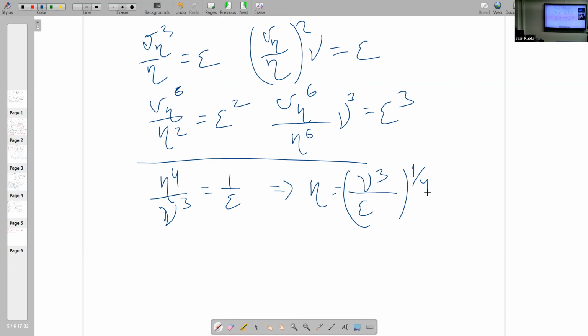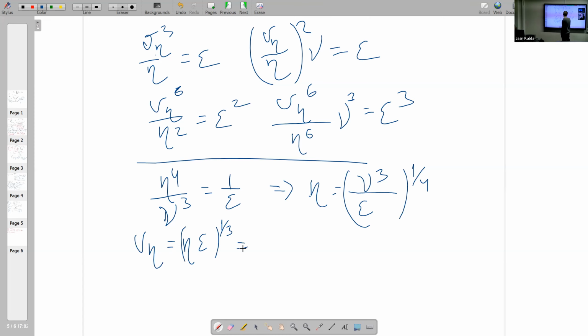We might also want an expression for the Kolmogorov velocity microscale. Then we can take, for instance, this one over here: V_eta is eta multiplied by epsilon to the power of 1/3, and eta multiplied by epsilon, multiplying this left and right by epsilon, gives eta and nu cubed.